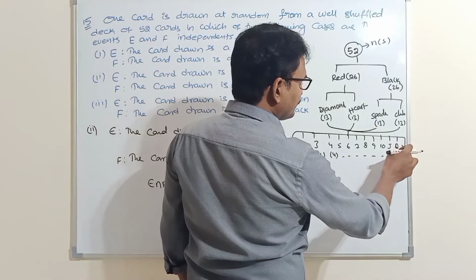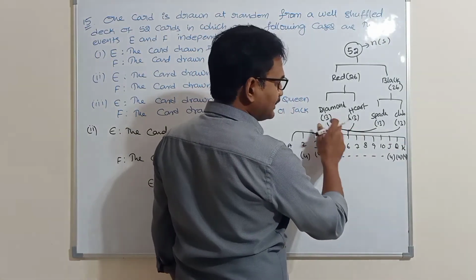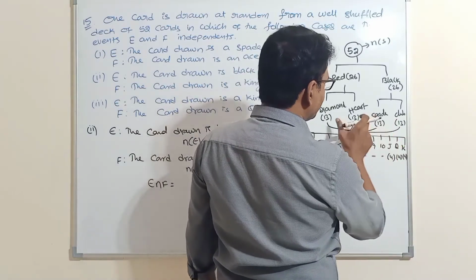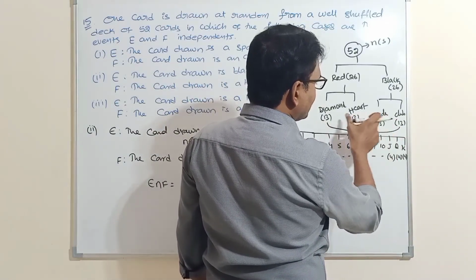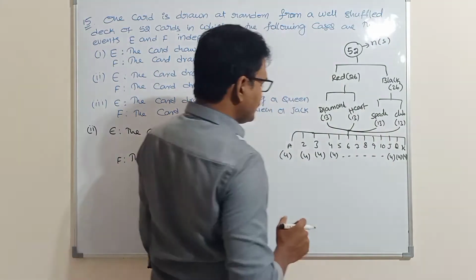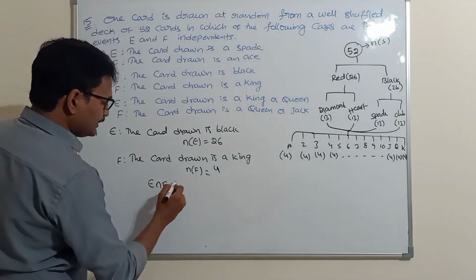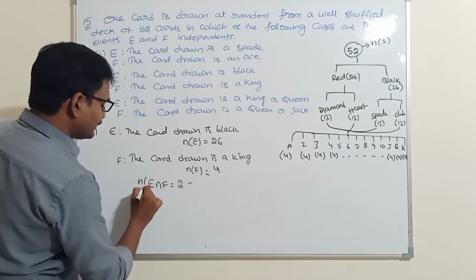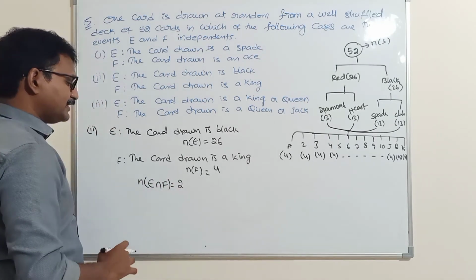One is diamond king, one is heart king, one is spade king, and one is club king. That means these 2 cards are red, and these 2 cards are black. So common elements for E intersection F are 2. Therefore, number of common elements between E and F are 2.